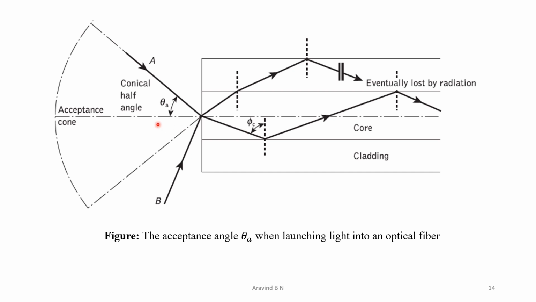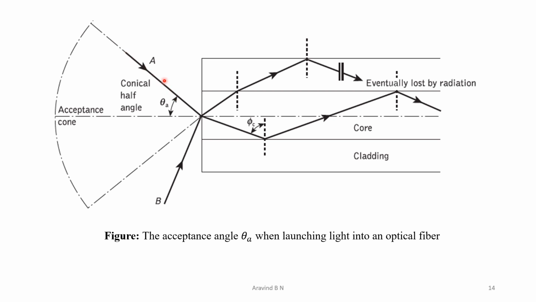If the angle of entry over here itself is too high, then it will get lost. There will be no total internal reflection. So now we have to identify what is that particular angle within which we must make the light source enter into the optical fiber.